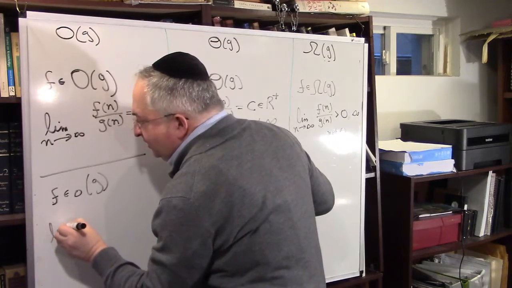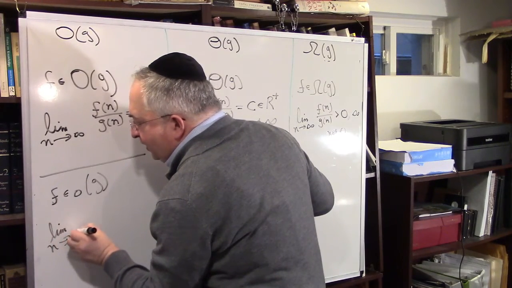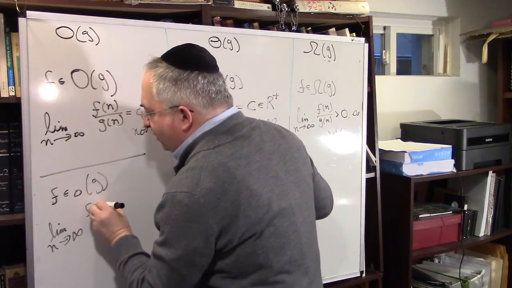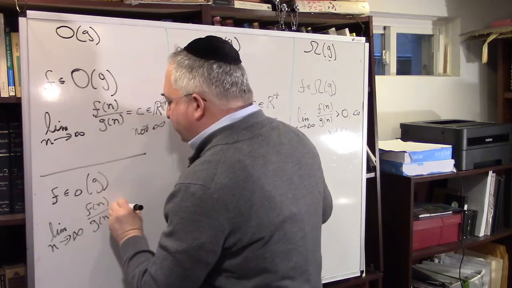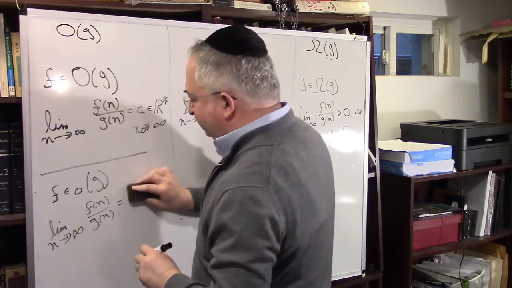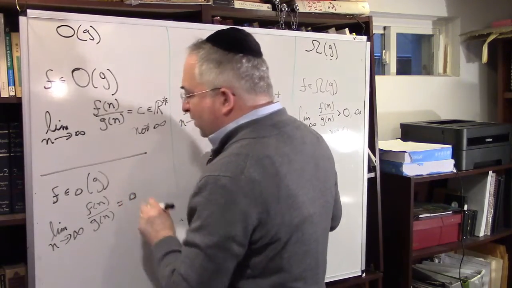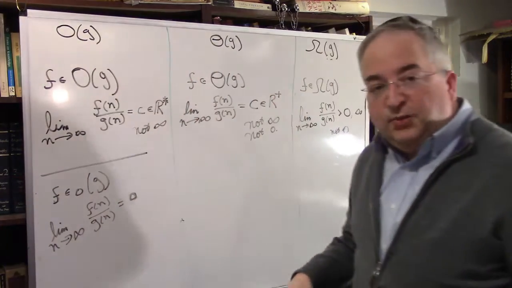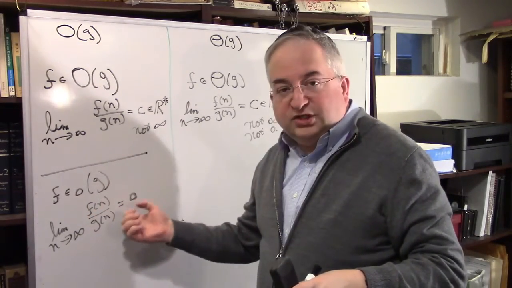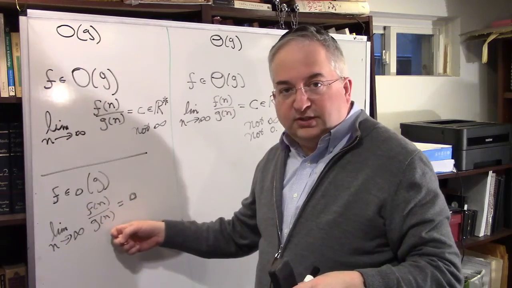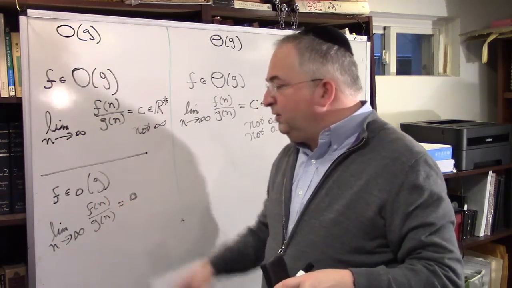Same thing, limit as n goes to infinity of f of n over g of n, we're always comparing f and g, equals 0. What does it mean, equals 0? It means when I take the limit, this is very small compared to this. Very small number compared to this.